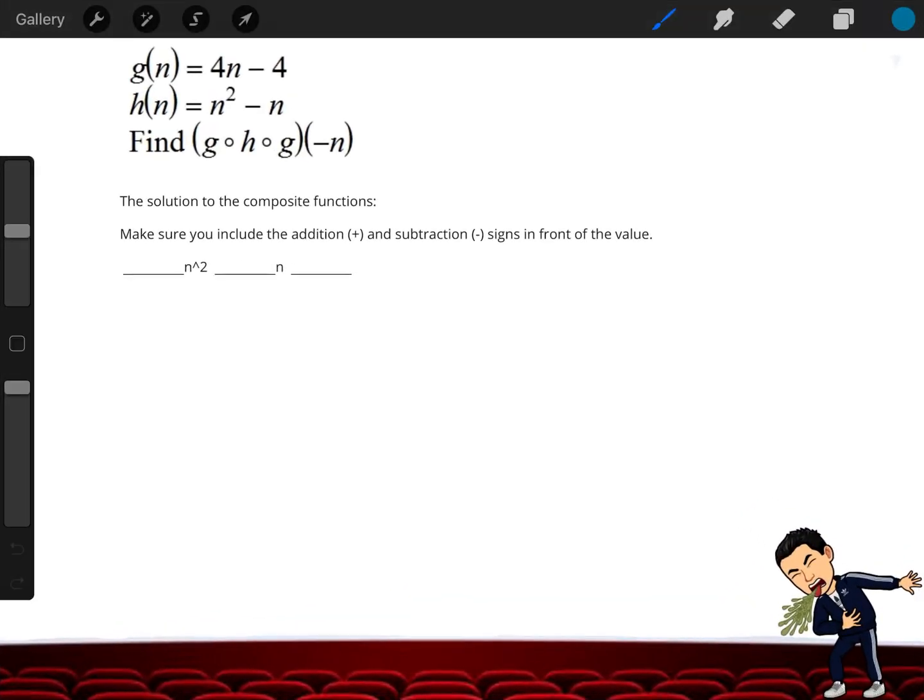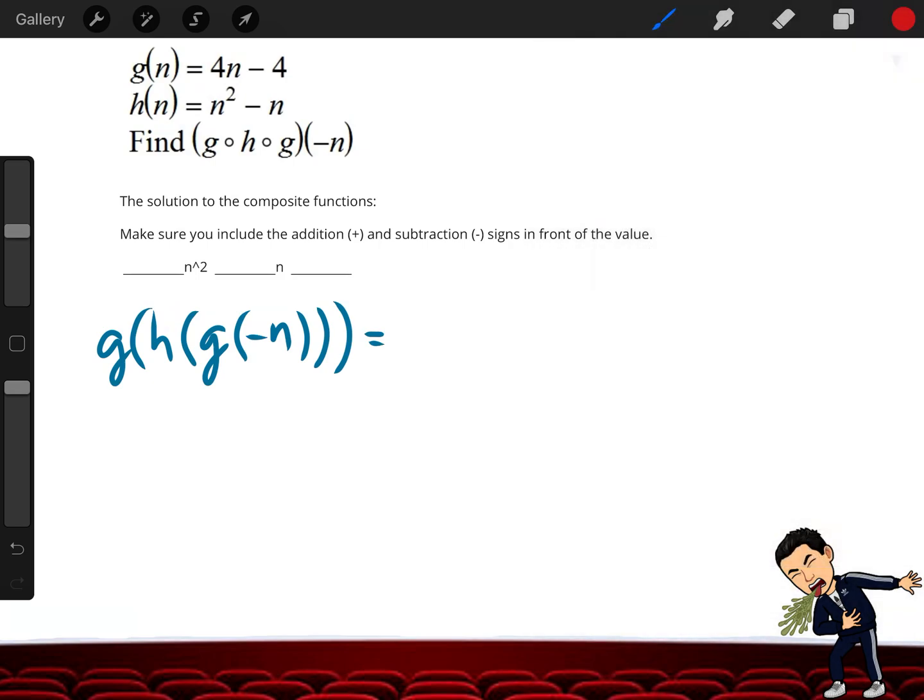Okay, let's look at the next one. This one's a little tricky, so you have to do g of h of g of -n. Okay, so it looks complicated, but if you just look at it, it's really not that crazy.